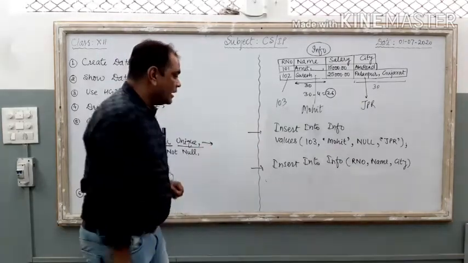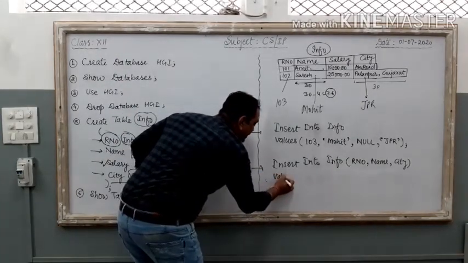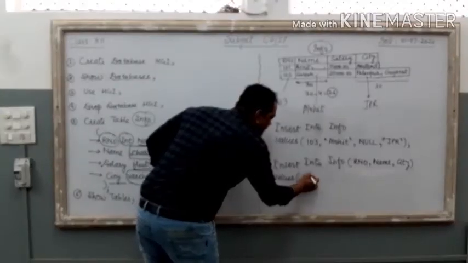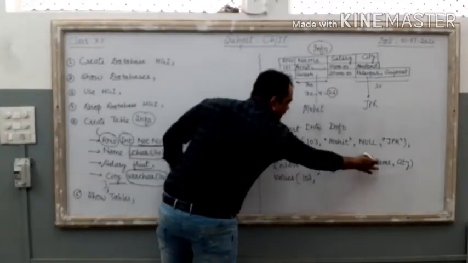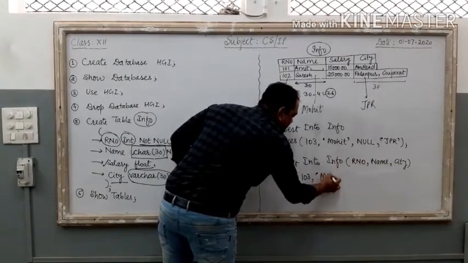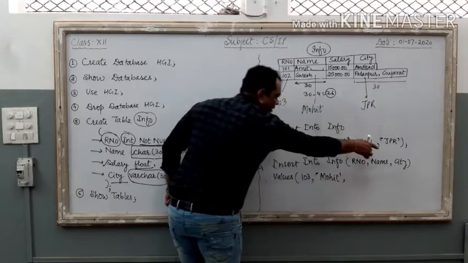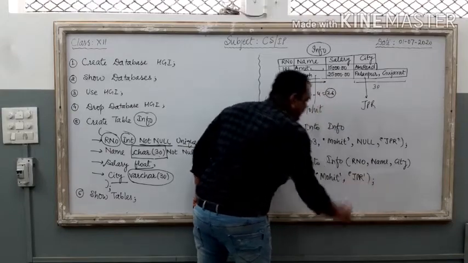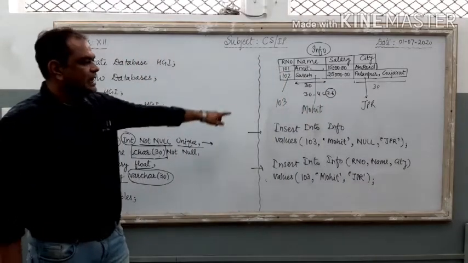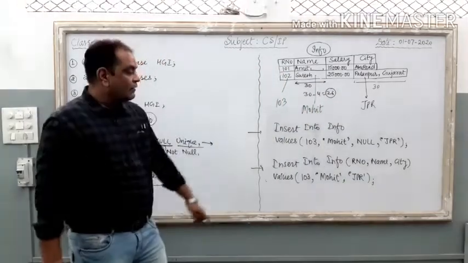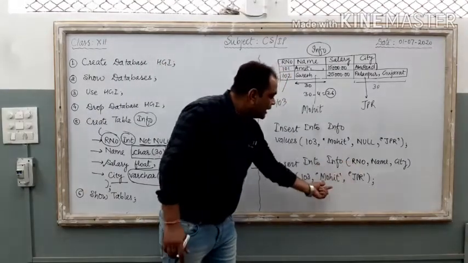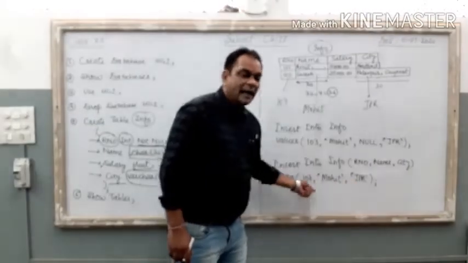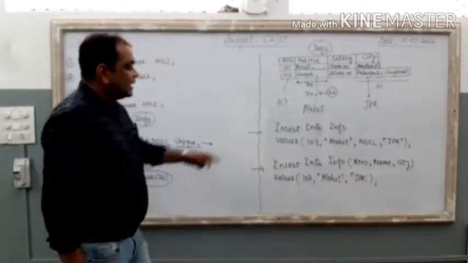So here in the second line, values 103, then second for name Mohit, then third for city I am using JPR, the value given in the question. Now check it out, these two formats are there. If you use this type, you need not put null at any portion of the command.